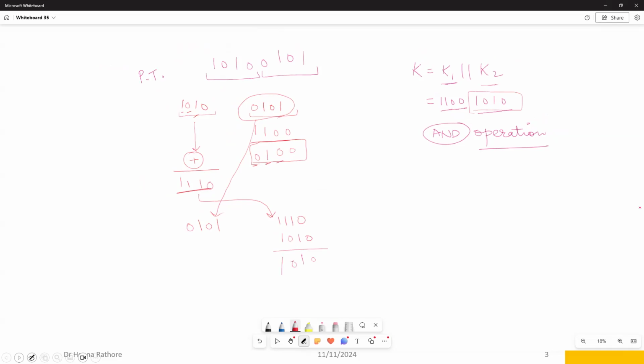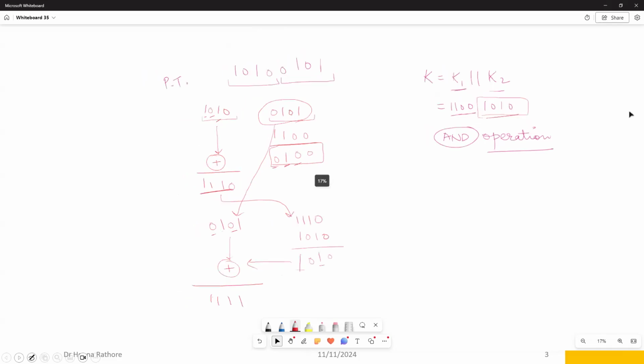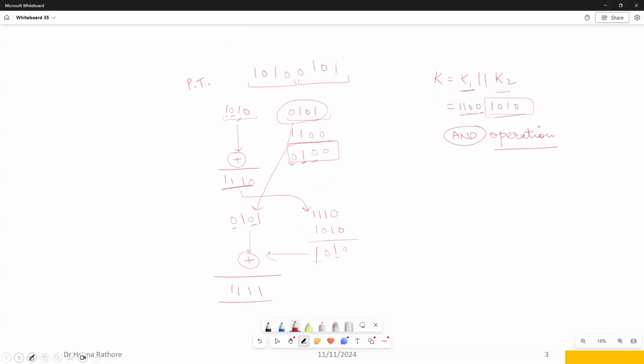You XOR this with the left side: 0 and 1 gives 1, 1 and 0 gives 1, 0 and 1 gives 1, 1 and 0 gives 1. Which means this becomes my right-hand side, which is 1111. And my previous left-hand side was 1110.